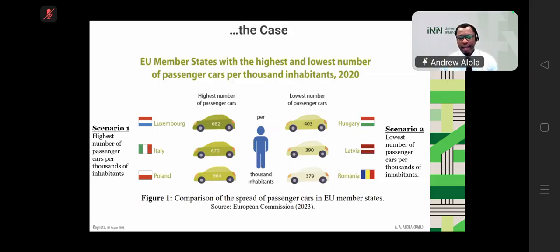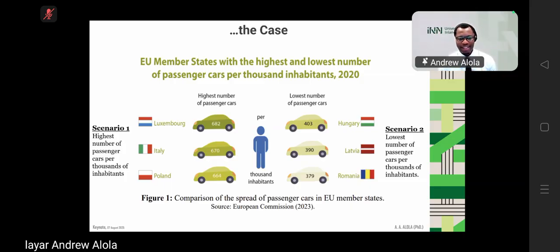So in the EU. When we say the highest or the lowest number of passenger cars, I'm talking about if you pull out 1,000 people, for instance, how many people in this 1,000 have a passenger car? So if you look at the first scenario, those with the highest number of passenger cars, we will say that Luxembourg is the highest. So out of 1,000 people in Luxembourg, you have 682 people who have passenger cars.